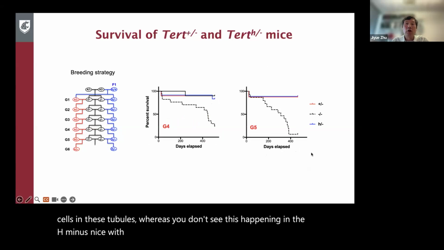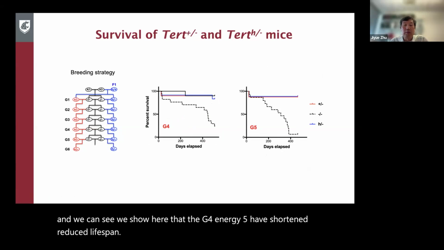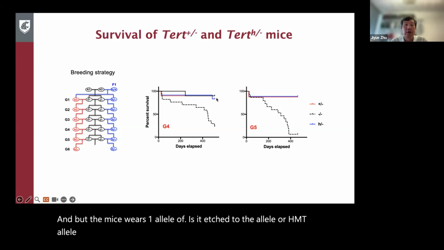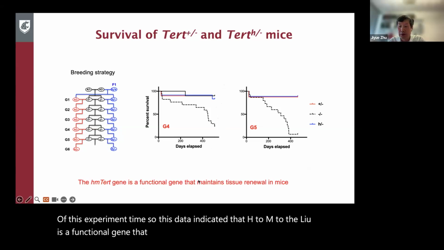So we further look at the lifespan of these mice, and we show here that the G4 and G5 mice have reduced lifespan. But the mice with one allele of either H3 allele or HM3 allele have lived well beyond 500 days of this experiment time. So this data indicated that the H2M3 allele is a functional gene that maintains tissue renewal in mice.